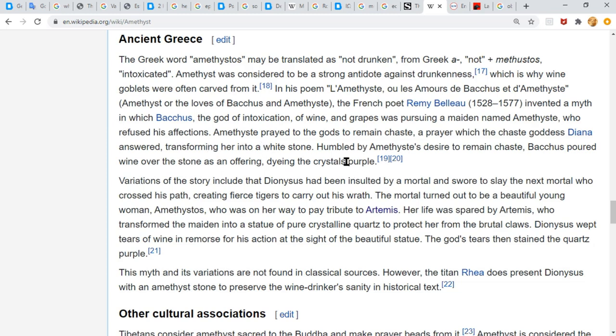She prayed to the goddess of chaste, Diana, to remain chaste, and answering, Diana transformed her into a white stone. Humbled by her desire to remain chaste, Bacchus poured wine over the stone as an offering, dyeing the crystal purple.